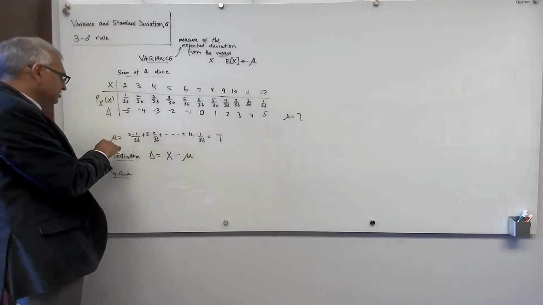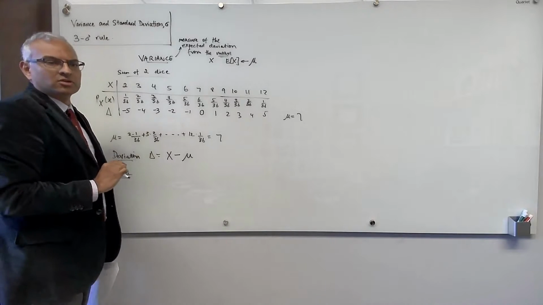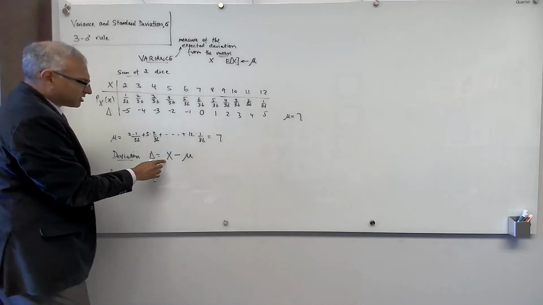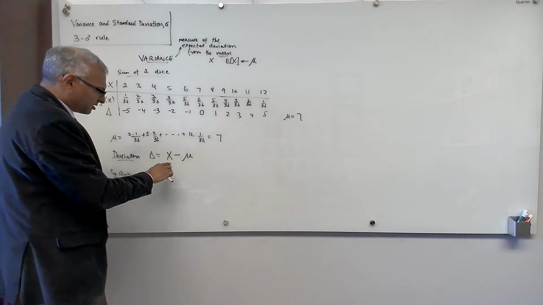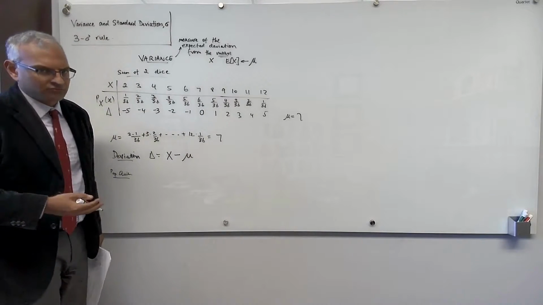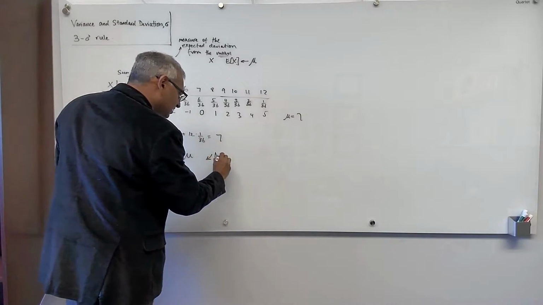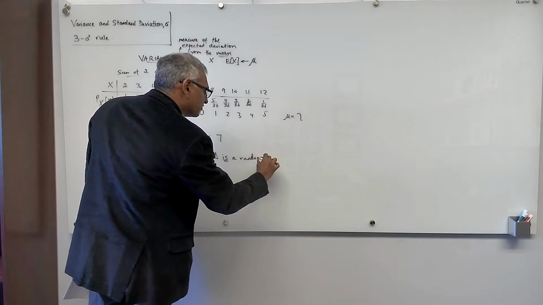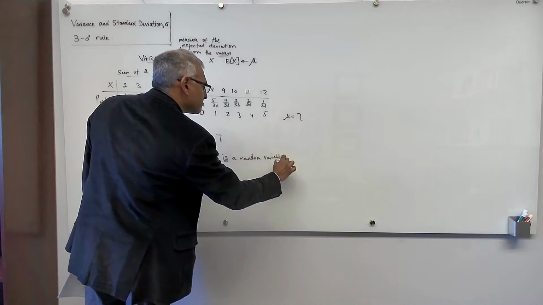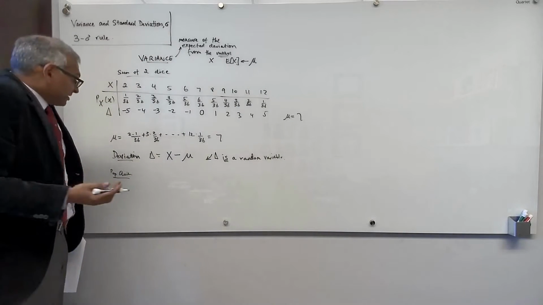Now, it turns out that this deviation is very closely related to the actual observed random variable x, the measurement we're interested in. You just take the measurement and subtract the mean. So this deviation is a function of the random variable x. We've seen functions of a random variable before. So the deviation delta is a random variable, and so we can take the expected value of the deviation.